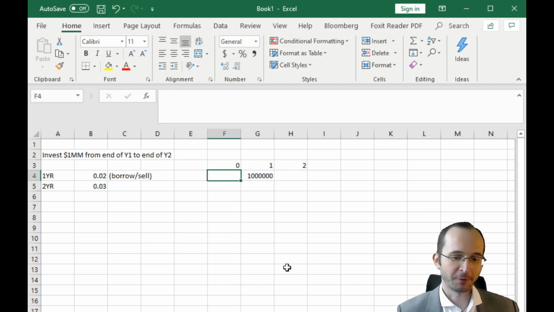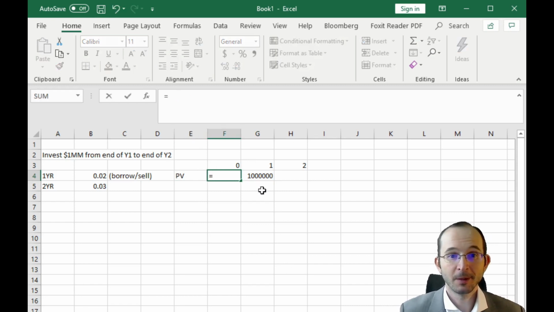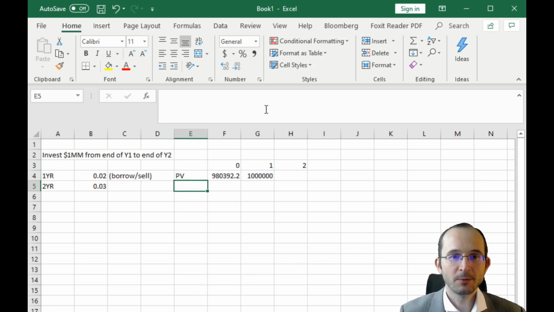Now, how much can we get for it right now? Well, if the face value is $1 million, the present value is going to be that $1 million discounted at the yield to maturity, 1.02, for just 1 year, so 980,000.